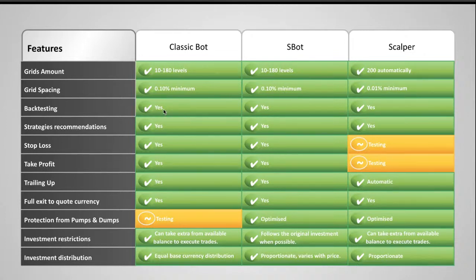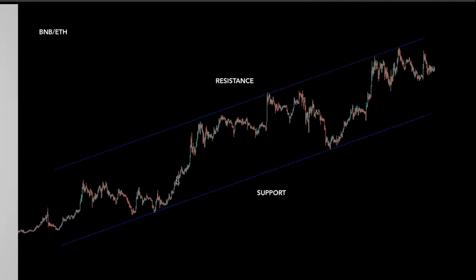Backtesting is available for all of the bots. Strategy recommendations also for all of the bots. The stop loss currently is only available for the classic and the S-bot, whereas for the scalper we are testing it, and as I already said, the scalper will be united together with the S-bot soon, so the stop loss will be automatically configured, and the rest you can see here.